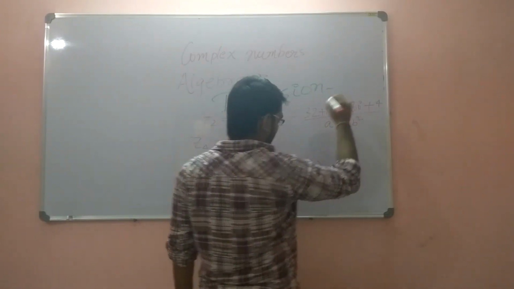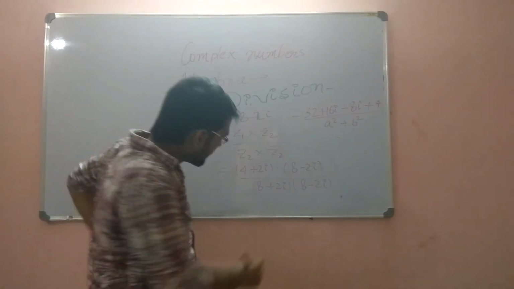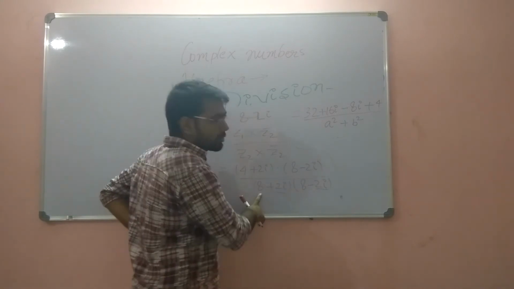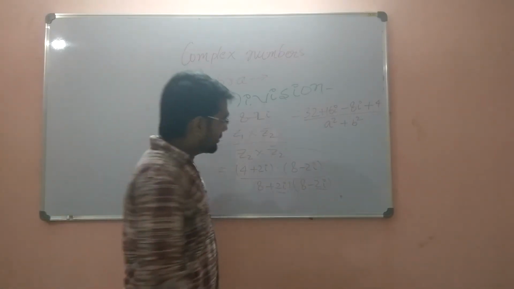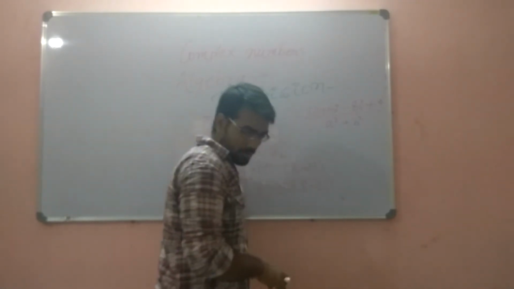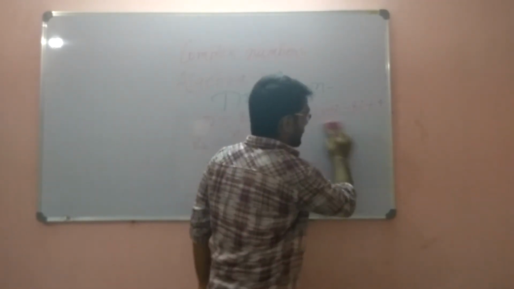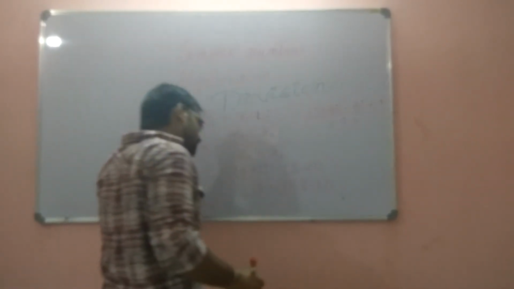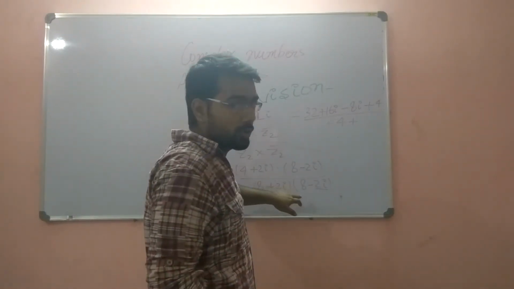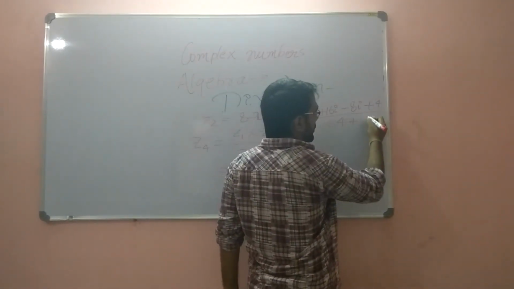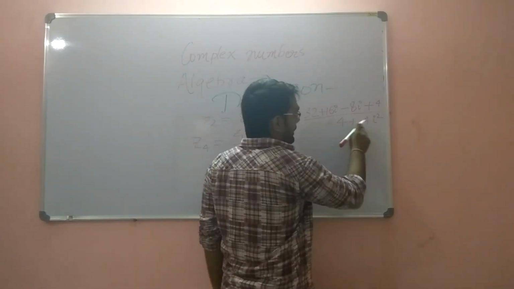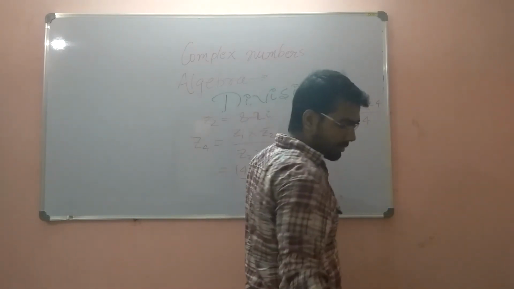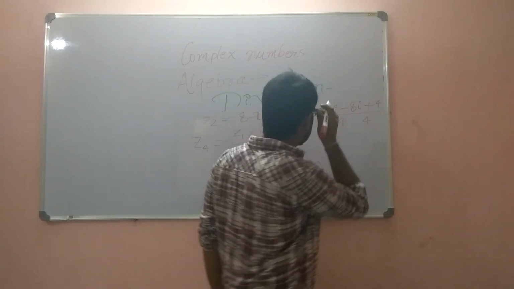So 8 square is 64, plus 2i whole square, which gives 4i square, that will be minus 4, plus 4, so it will give you 68.